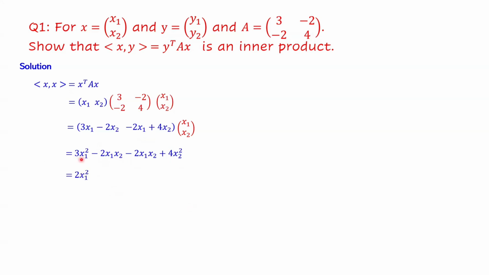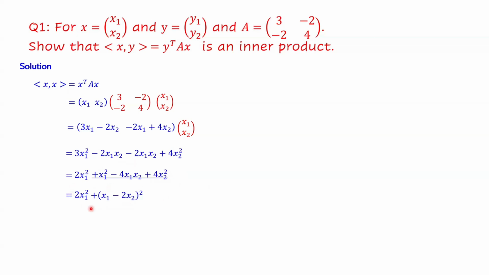So from this 3x1 square, we take 2x1 square and arrange the remaining part like this. This arrangement has a significance because it gives us a perfect square, the underlined part. So what will that underlined part reduce to? It will become (x1 minus 2x2) whole square.